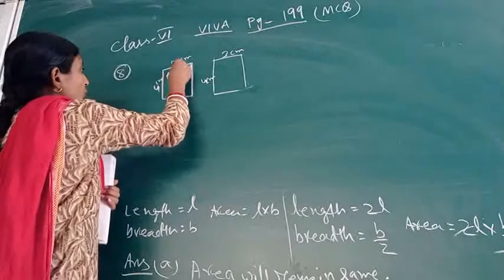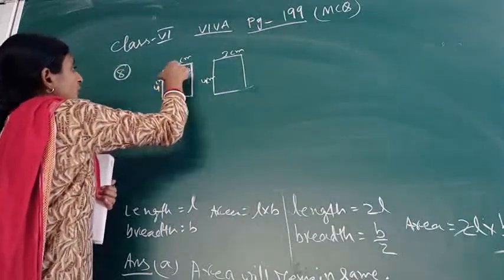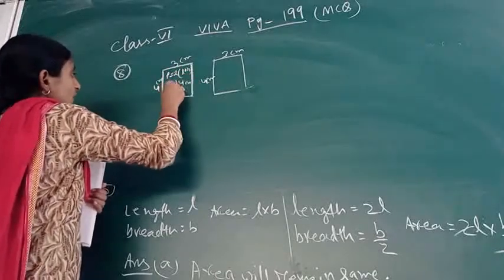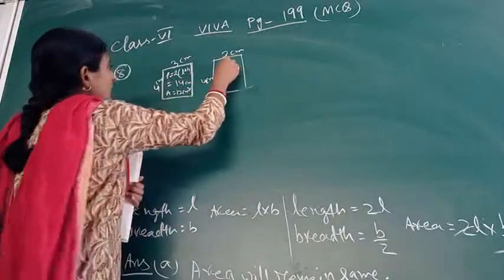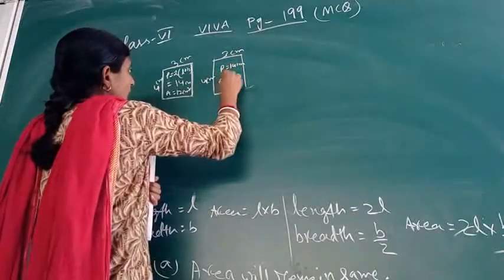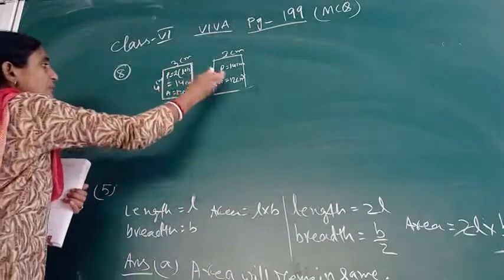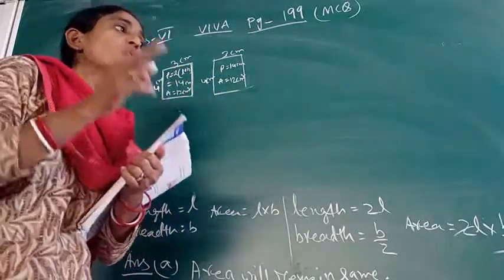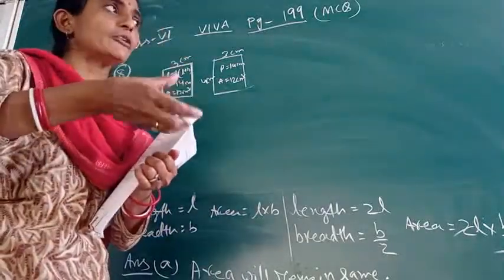Perimeter will be 2 into (L plus B), that is 2 into (4 plus 3), 2 into 7, 14 centimeter. And area will be 12 centimeter square. In the other rectangle also you will get perimeter equal to 14 centimeter and area 12 centimeter square. So when they have the same perimeter and same area, only in that situation will they overlap, that means coincide, completely covered.